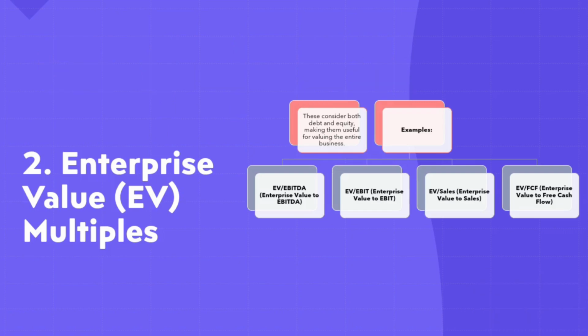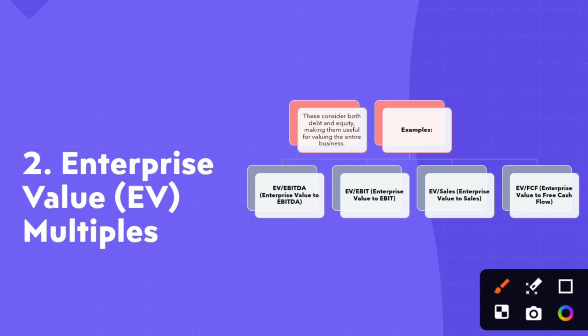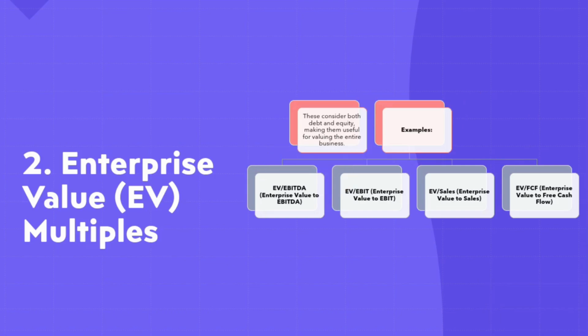So for these examples: EV by EBITDA, EV by EBIT, EV by sales, and EV by free cash flow. In this, I will explain the first example, EV by EBITDA.